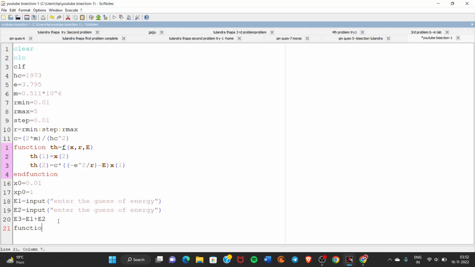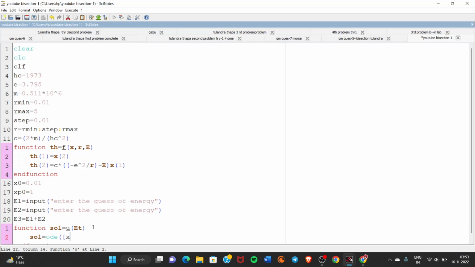In this command we can define a function like solve, that means the solution, is equal to u, and this will be a function of E3. So now we have solve is equal to the ode command, and here we open this bracket, then x0, then a semicolon.